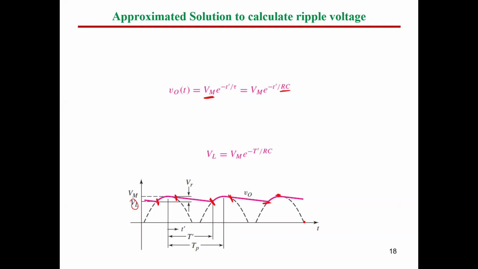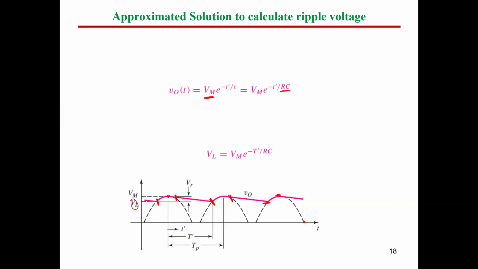The supply then charges the capacitor, so the capacitor voltage increases again until reaching the maximum value, which is nothing but the supply voltage minus V gamma. Once we reach this point, the diode will be turned off and the capacitor will continue discharging until the next half cycle. So this is the concept, guys.